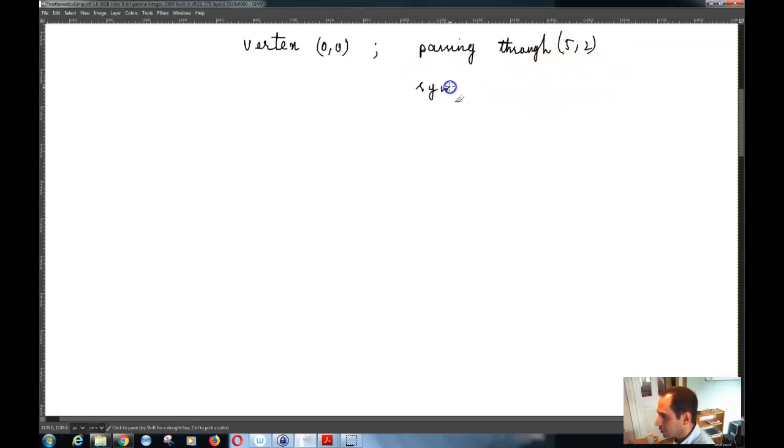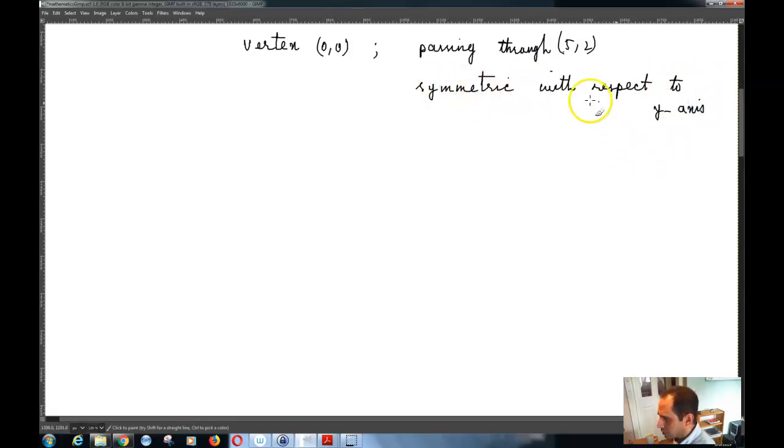The next question is the vertex is at 0, 0, and passing through 5, 2, and symmetric with respect to the y-axis.